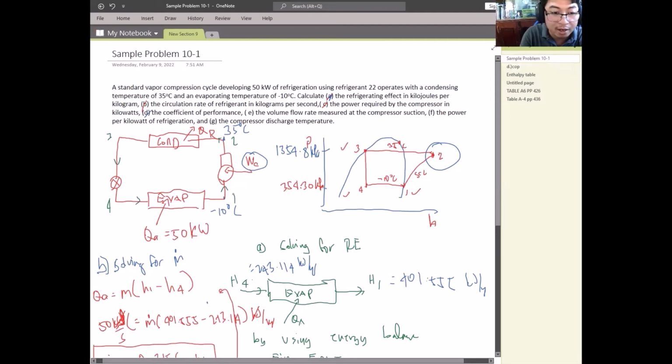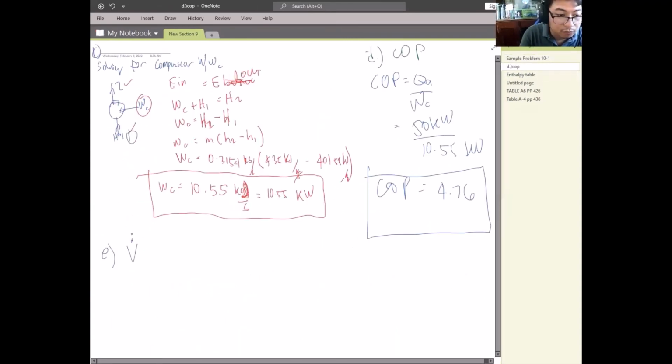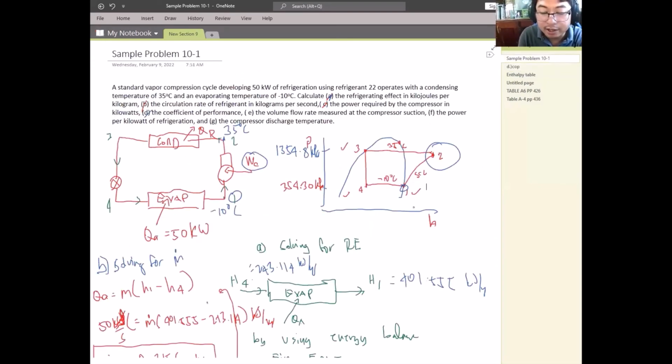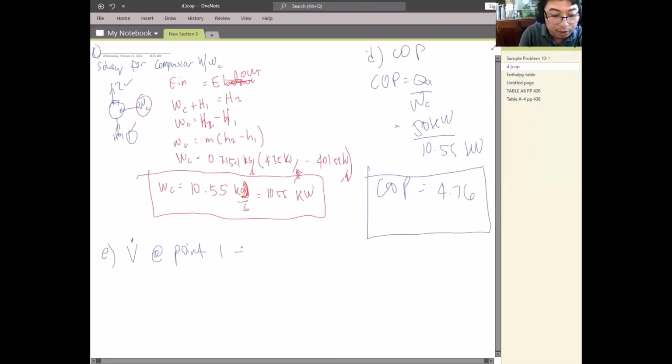So that is point 1, or point 1 here in our PH diagram, and we will solve for the volume flow rate at point 1. Since point 1 is in saturated vapor, we will use VG at point 1, which is VG at negative 10 degrees Celsius.